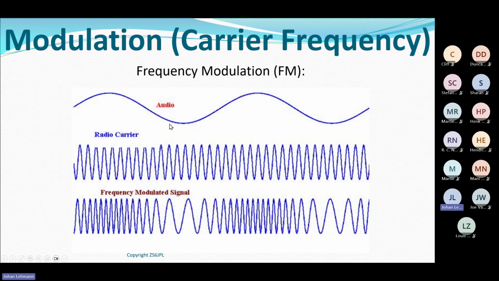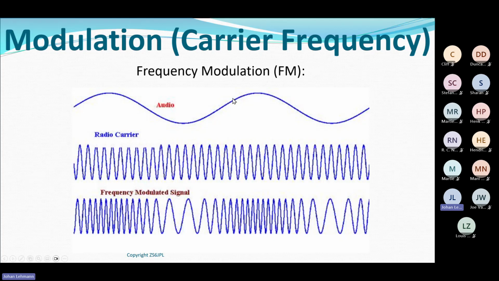As I go down into the trough, where the amplitude of my modulating signal is at a low, the frequency is also at the lowest point it's going to go to. Then as it goes positive again, the frequency goes up to a maximum, and as it goes down again, the frequency goes down with it.